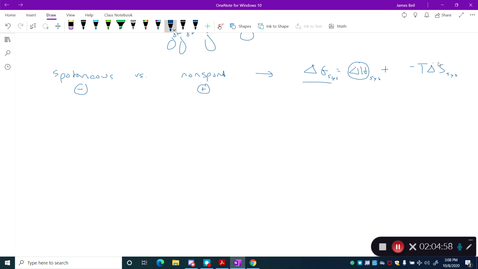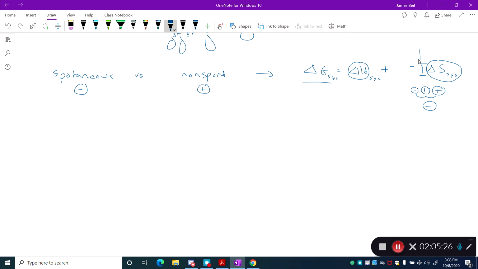Ultimately, though, it's the sign for delta S that really makes the difference if we're looking at how temperature affects delta G, because delta S and temperature are multiplied together. So what that means is, if I can determine that the system's entropy is going up, and the temperature in Kelvin will always be positive, and I've got a negative sign here, a negative times a positive is going to give me a negative value.